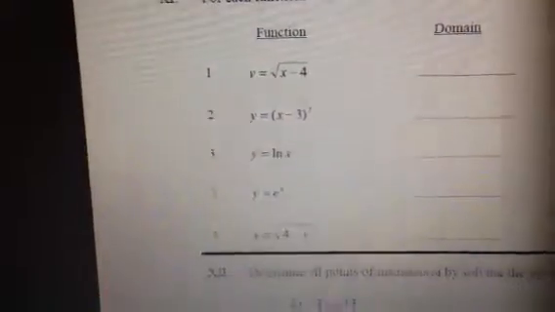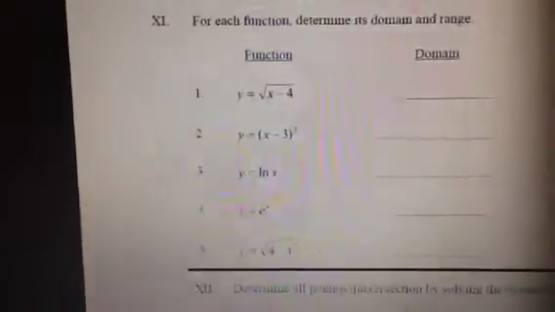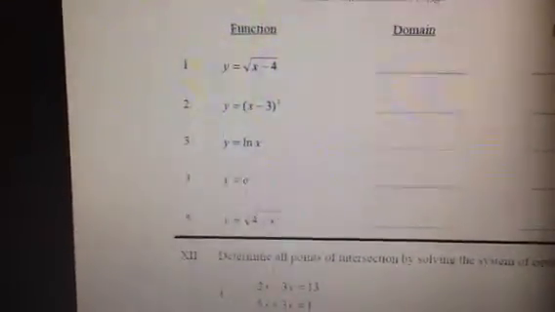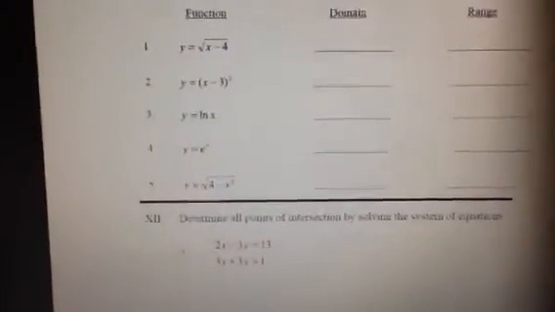So domain of this, square root of x minus 4, is going to be all real numbers greater than or equal to 4, because this can't go negative, because you can't take the square root of a negative number.